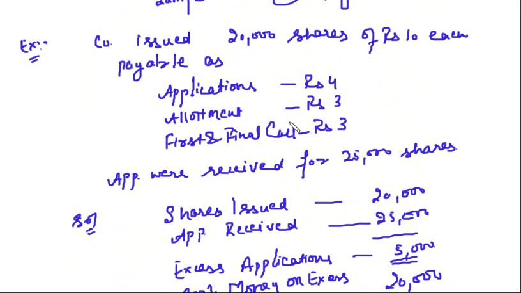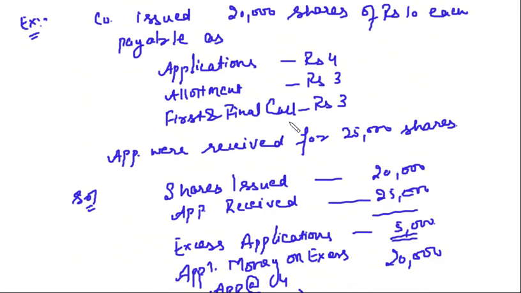Now the question is, in this case, you will do pro rata allotment. Right? Pro rata allotment is done. That means no application is rejected. The people who applied for 25,000 shares, they received 20,000 shares on the basis of partial allotment.